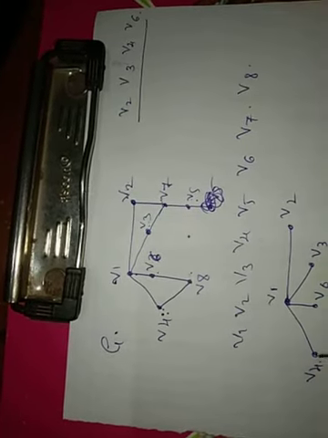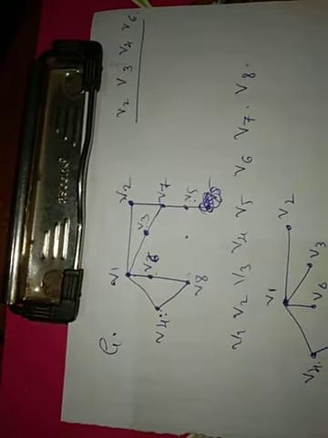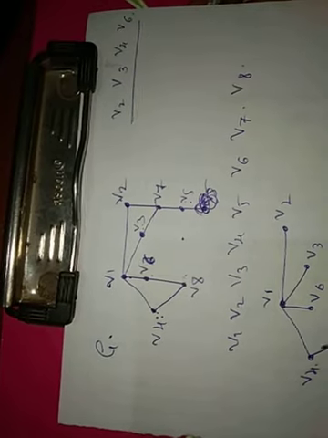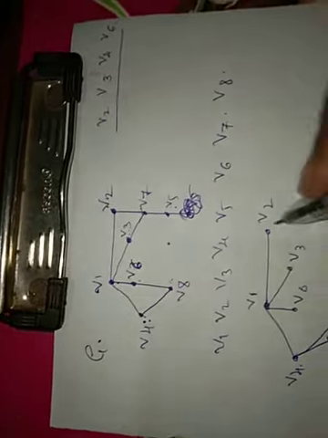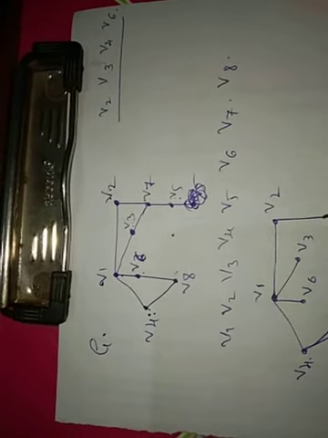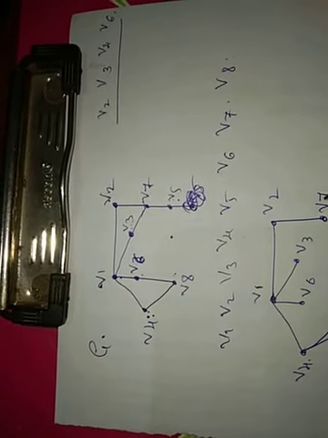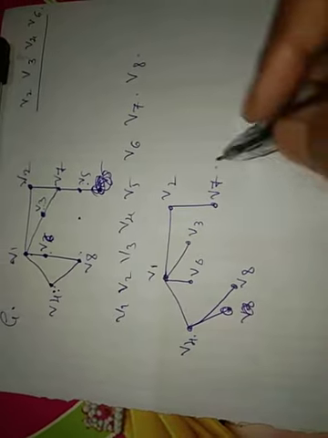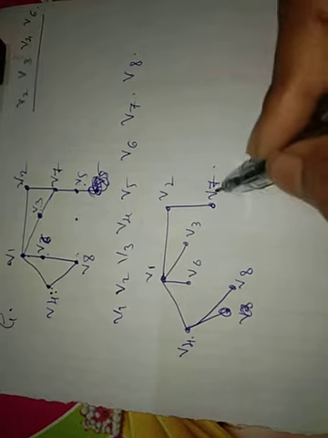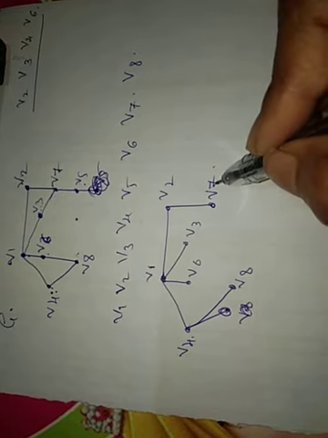So draw V4, V8 and draw V2, V7. Now we have to check the adjacent vertices to these V8 and V7.